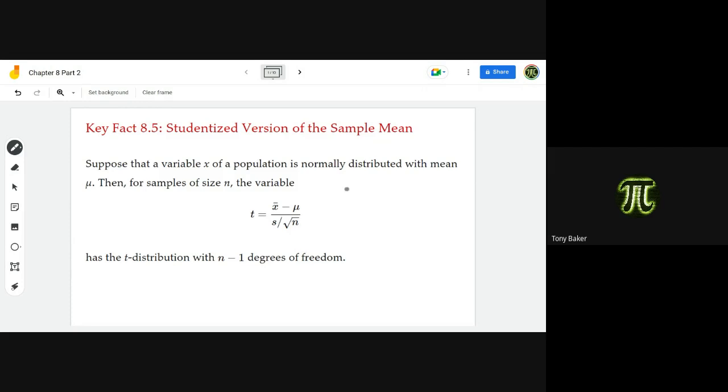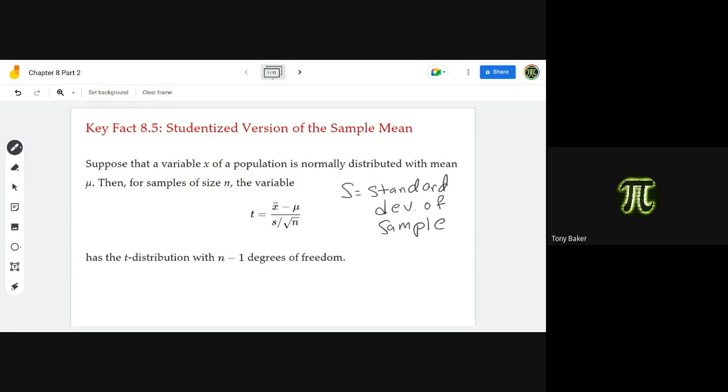But that S is no longer the population's; S is the standard deviation of the sample. Since we don't have the standard deviation of the population, we take the standard deviation of the sample that we have, divided by the square root of the sample size. That hasn't changed.